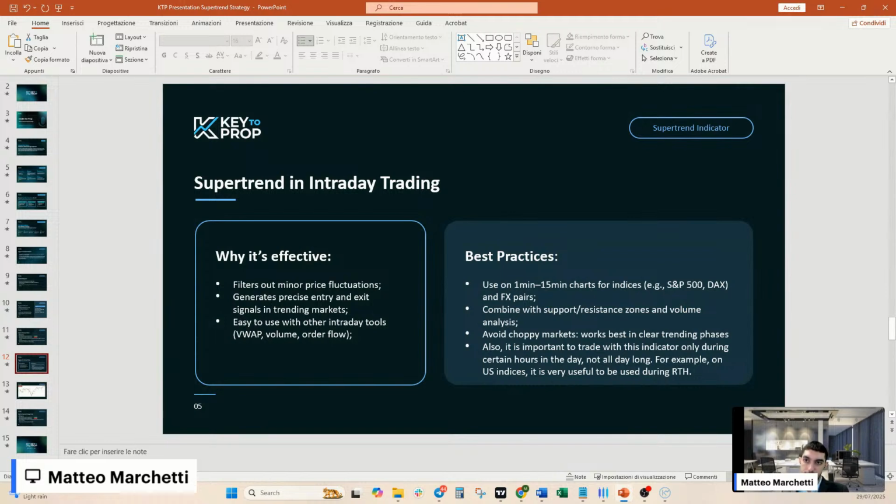Nasdaq has a higher volatility compared to the S&P. Again, the S&P has much more volatility compared to an FX pair, for example, and so on. So always study the instruments you are trading on, and I'm gonna give you some details later on.